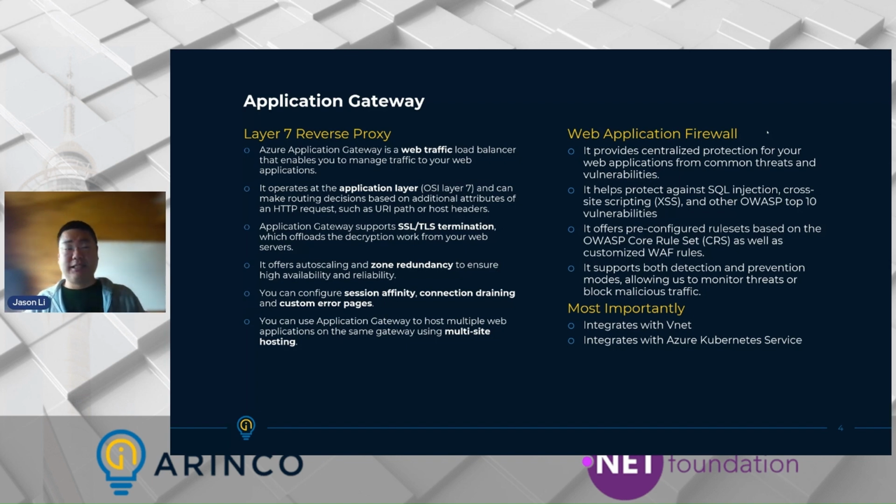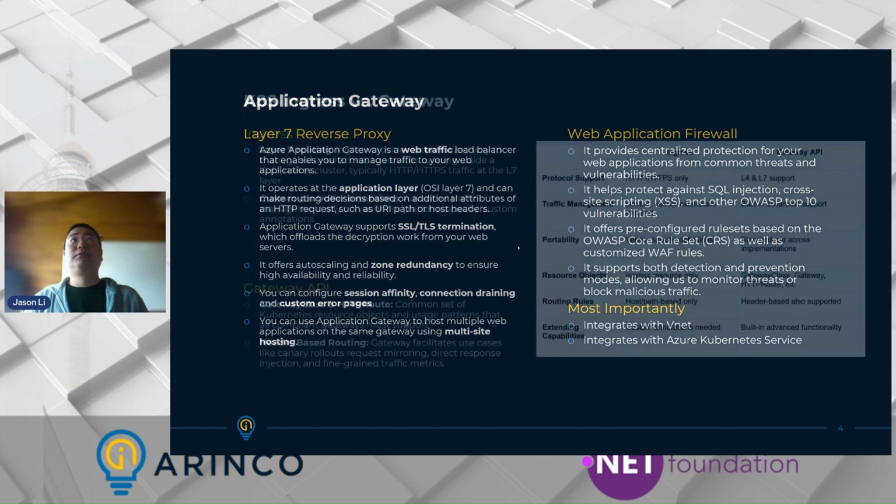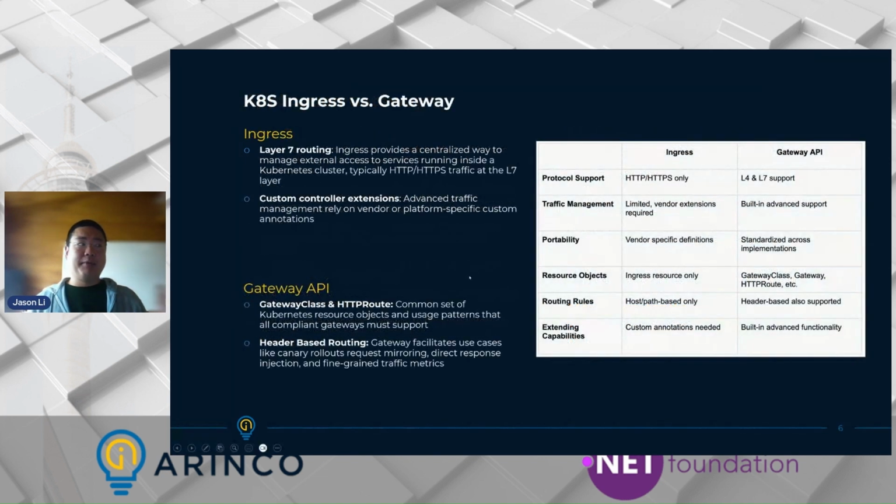So in that case, it can also be integrated into Azure Kubernetes Service. It is able to become part of your Kubernetes ecosystem and provide the same level of layer 7 reverse proxying or load balancing and web application firewall features to the applications hosted in your Kubernetes services.